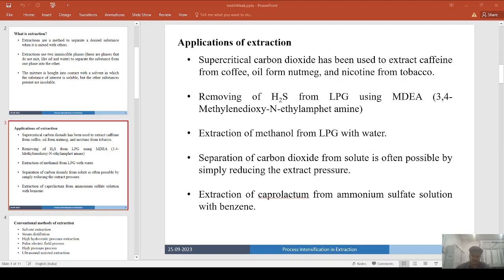Another example is supercritical carbon dioxide: it is used for the extraction of caffeine from coffee, for extracting oil from nutmeg, and finally for the extraction of nicotine from tobacco.